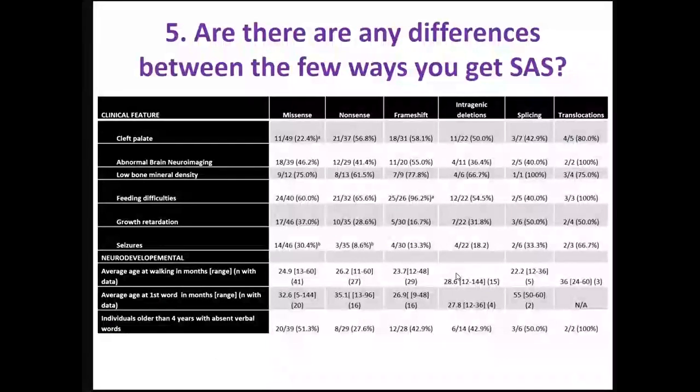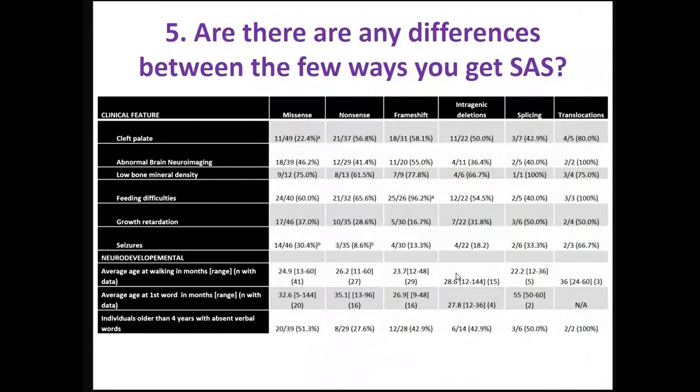All right, the fifth topic here relates to the differences between the different ways that you get SAS. So we've looked at this, and again, as we compile more data and the numbers increase, we might be able to answer some questions.